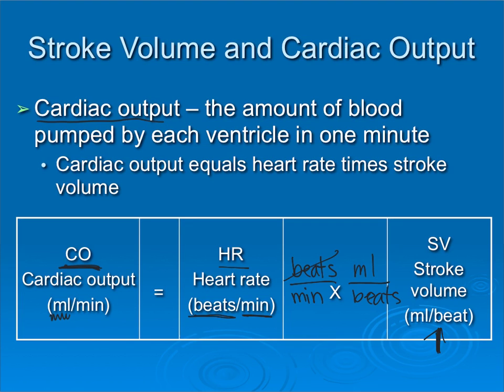So the beats cancel out, and what you're left with is the volume of blood, or milliliters over a minute, which of course is what the cardiac output is measuring. Basically, to increase the amount of blood that the heart can pump to the rest of the body, you can increase just the heart rate or just the stroke volume, or you could increase both, which would significantly increase the cardiac output. So those are 2 ways in which the body can vary the amount of blood that the rest of the body is receiving.